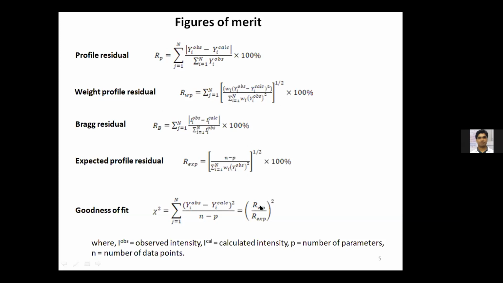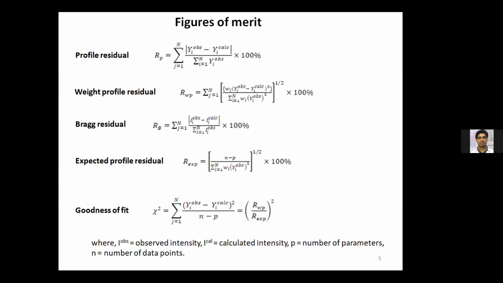Our goal is to reach Rwp equal to R expected. So this ratio should be 1 in the ideal case. It is not 0. At the ideal situation, goodness of fit is 1.